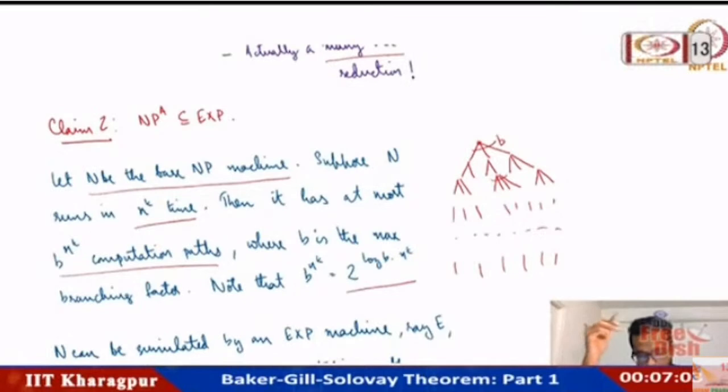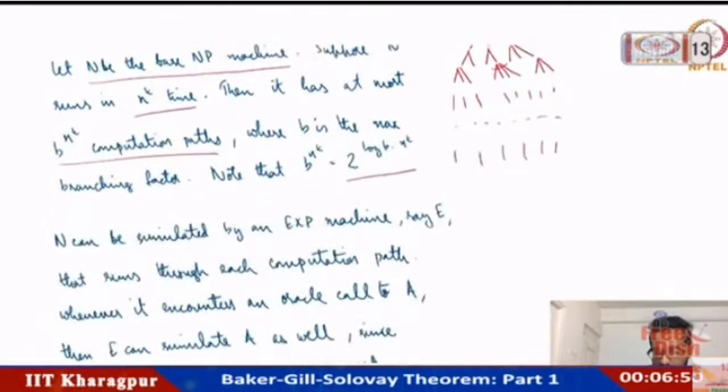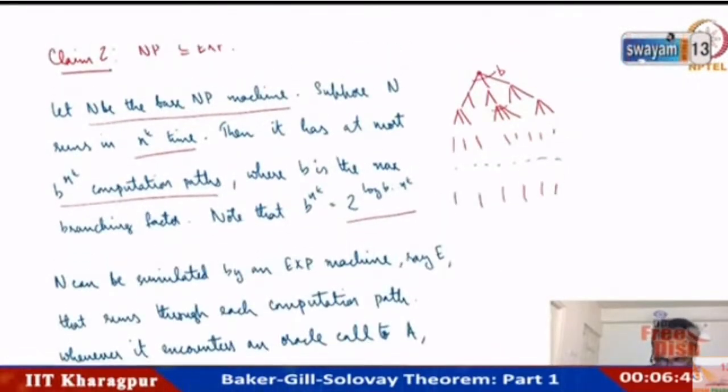Now there is an NP machine which has at most 2 power log B times n power k paths, which is an exponential quantity, and we could use the EXP time machine to just go through each of these paths, right? There are B power n power k paths, each of length n power k. So it is upper bounded by exp time, right?